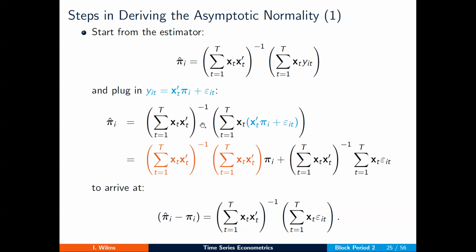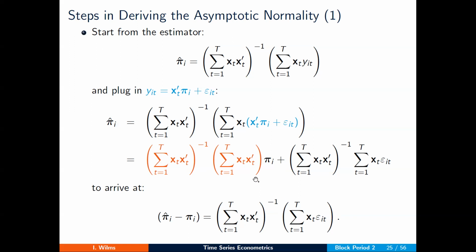After expanding these terms, we are left with this expression. And after some rearranging, we see that the red terms, of course, can be crossed out. And after bringing pi_i to the left-hand side, we arrive at this bottom expression over here.